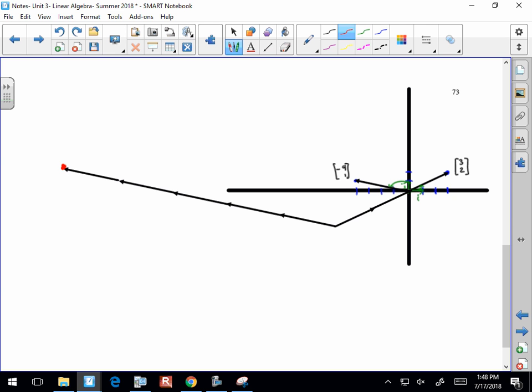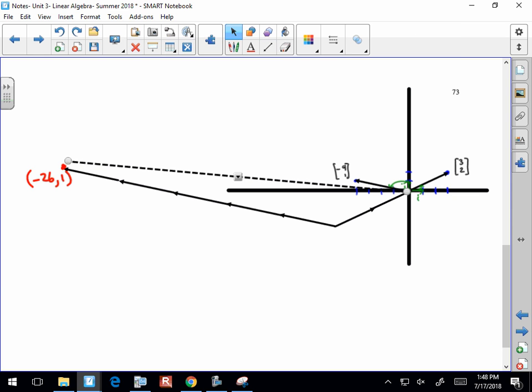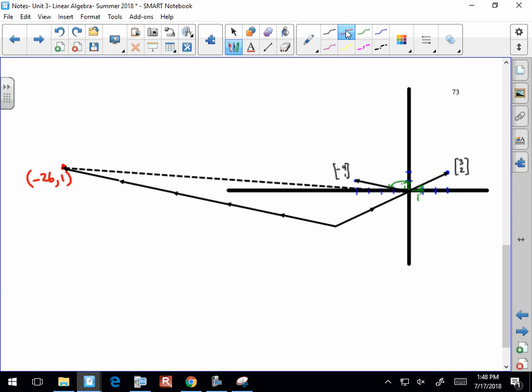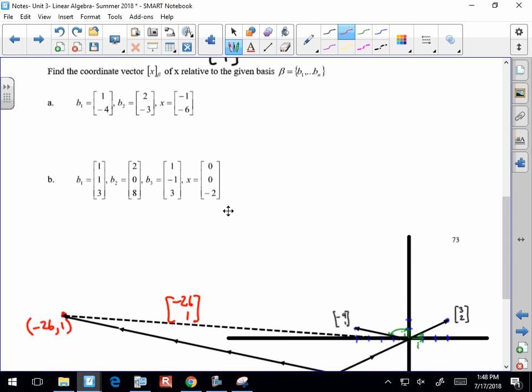This is at the coordinate -26, 1, which would then have the vector -26, 1. All right, so that's a visual representation of it.